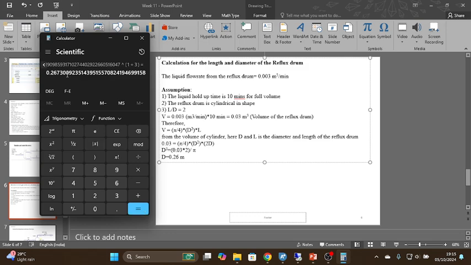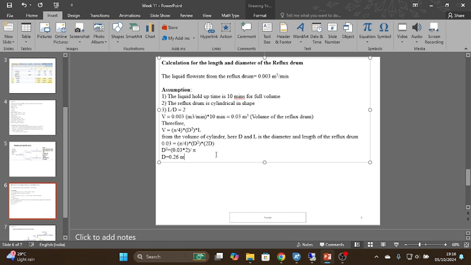Yes, it is 0.267. Since we are taking up to 2 digits, we are going to take it 0.26 meter only.